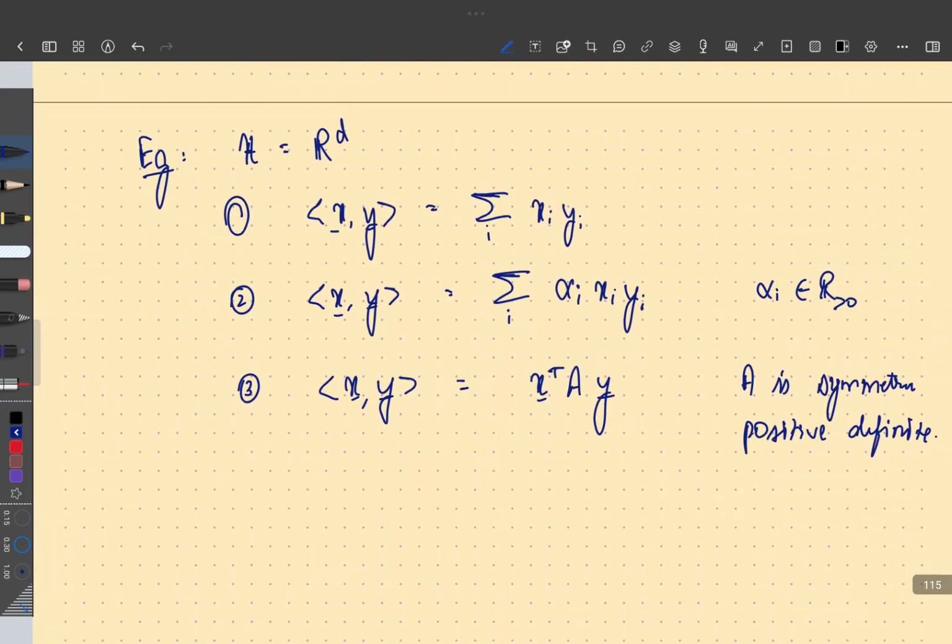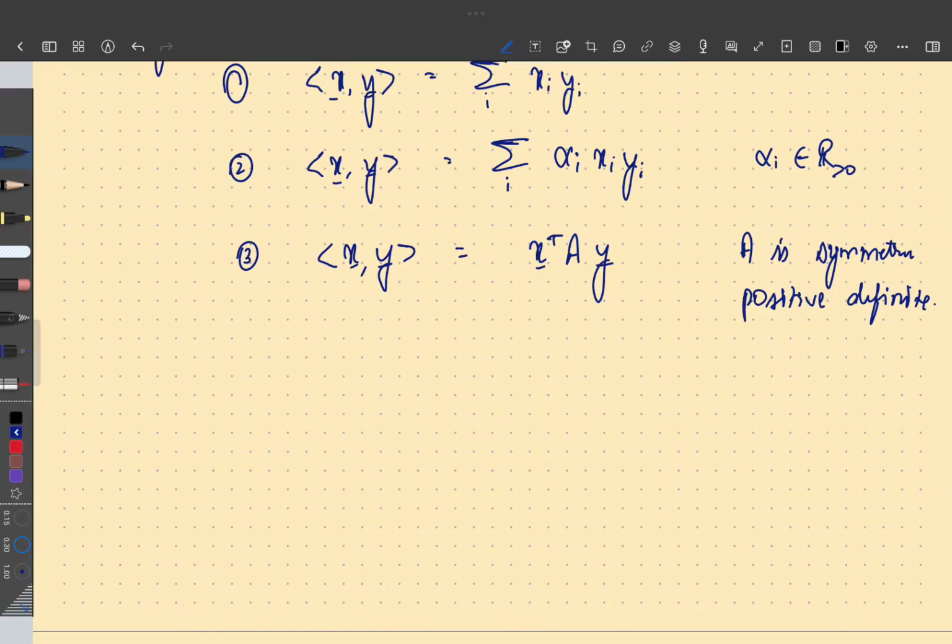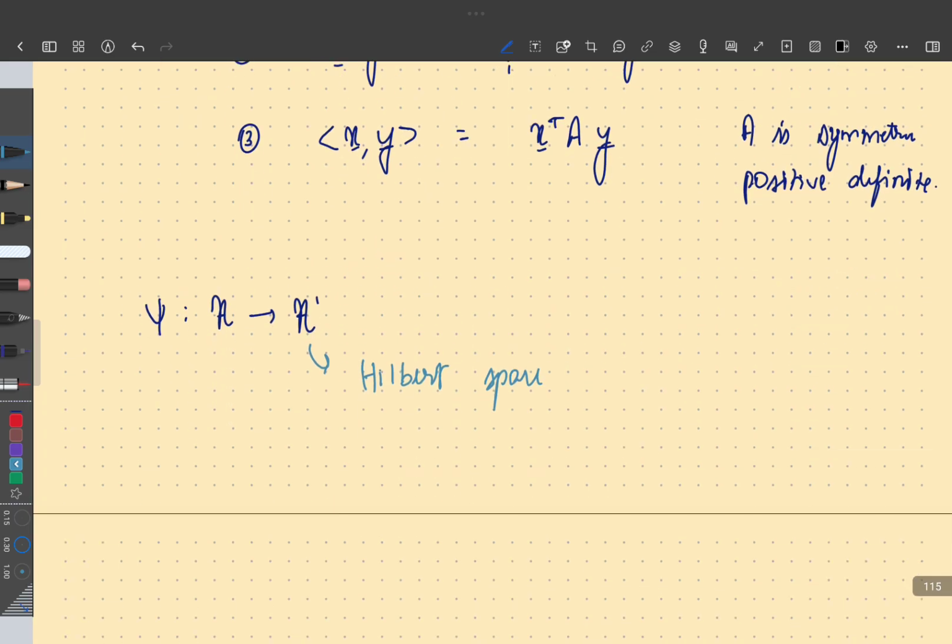So we'll always assume that when we're looking for an embedding into some feature space, from x to x prime, x prime is a Hilbert space. Or to be more precise, we look only for those embeddings which map our points to some Hilbert space.